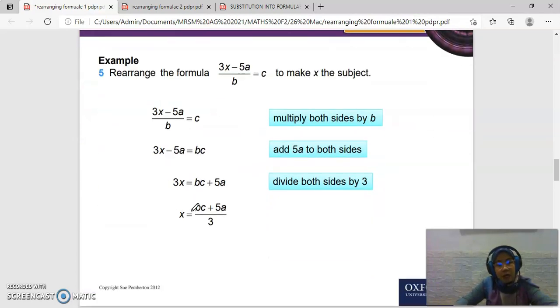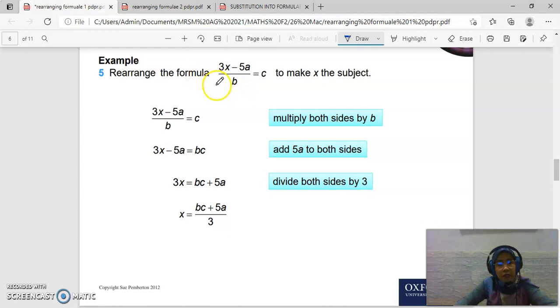For example 5, we have the formula 3x minus 5a over b equal to c, to make x the subject. Now we have 3 unknowns beside x: 1, 2, 3. So we bring anything in the denominator to the other side, and it will be multiplication. So b times c. Then we bring 5 to the other side, it will be addition, because this one is subtraction.